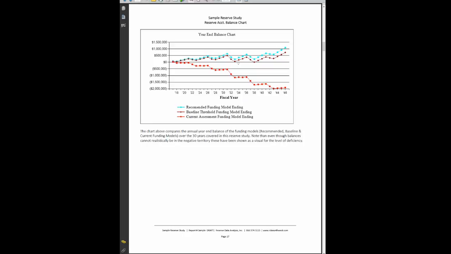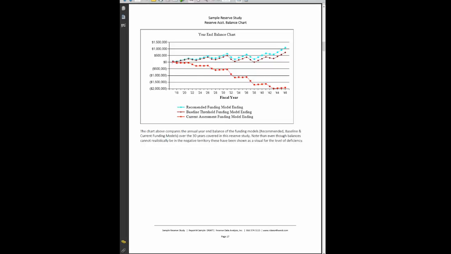So if you have some large expenses that fail a year or two early, and they happen to fall in one of these years when you already don't have any money in the reserve account, that's a huge issue. And that's why the baseline funding model is a much, much riskier model to follow.